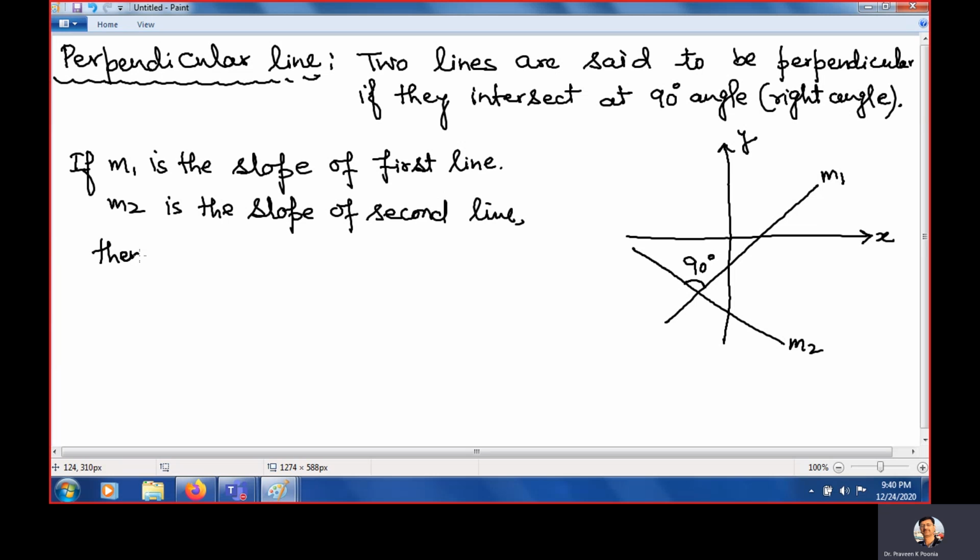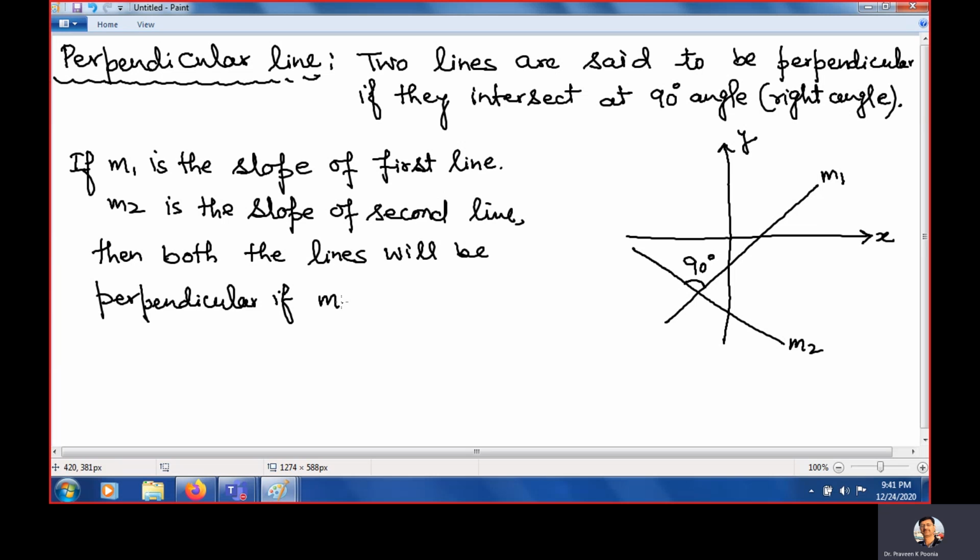Then both the lines will be perpendicular if you multiply both the slopes M1 and M2, it should be equal to -1.